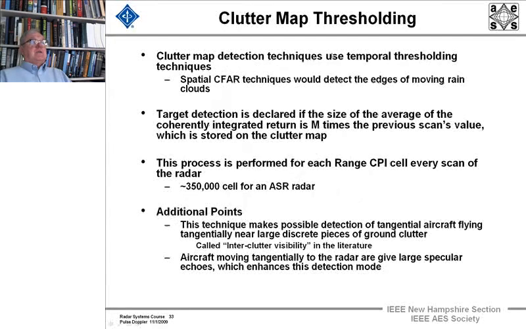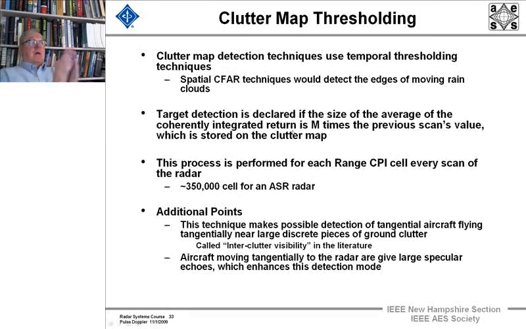Okay, now the clutter detection techniques use temporal thresholding techniques. The spatial CFAR would detect the edges of moving rain clouds and move up. A detection is declared if the size of the average coherently integrated return is m times the previous scan's value.